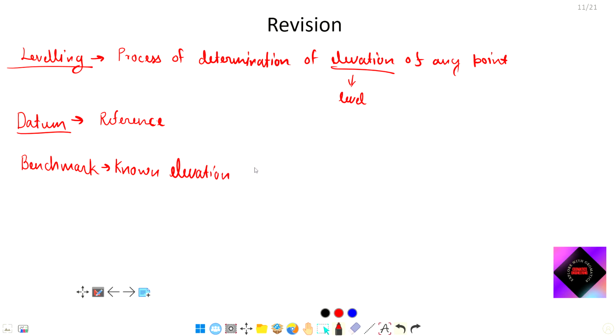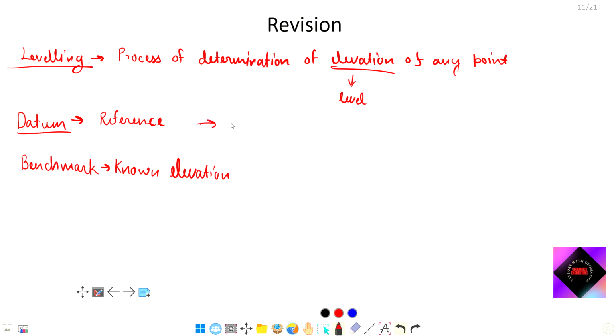We should measure the elevation of any point from the center of the earth, but it is not practically possible. So we have assumed that mean sea surface, I am saying mean because it is a 90 years mean average surface of sea level, is taken as datum.